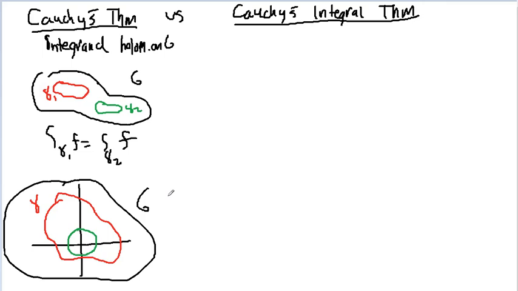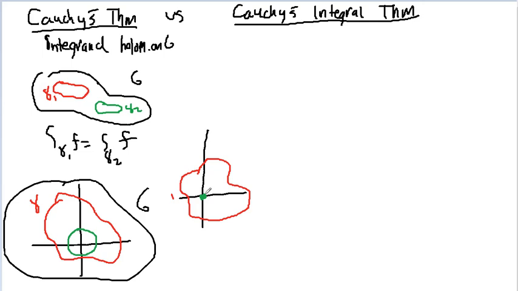So oftentimes, you will create a homotopy where if you want to find the integral over here, and you have a very nice holomorphic function, you might be able to take it all the way down to a point.